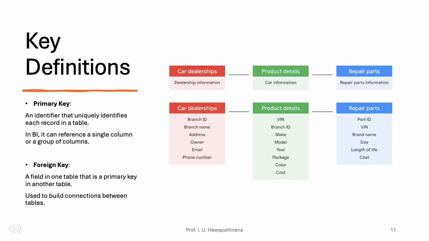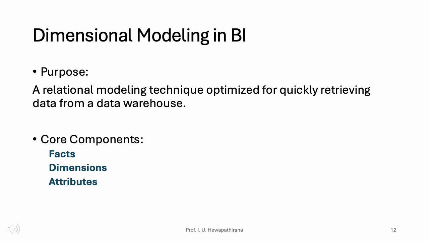Foreign keys are the mechanism by which relationships between tables are established. It is important to remember that only one primary key can exist in a table, though a table may contain multiple foreign keys.